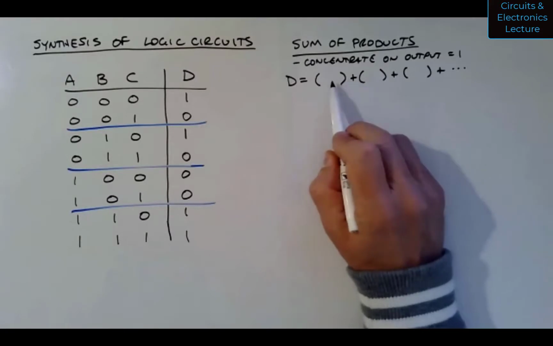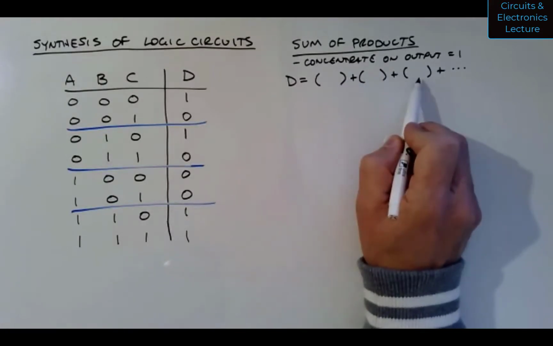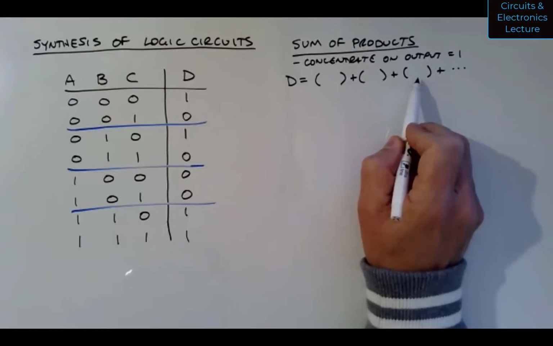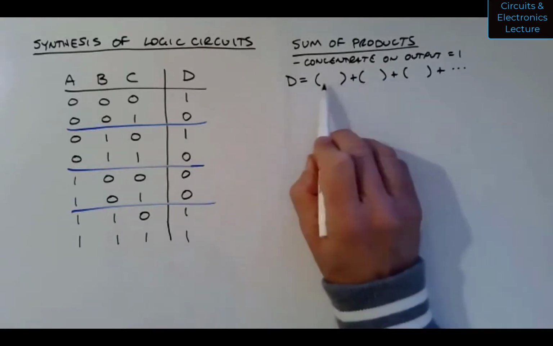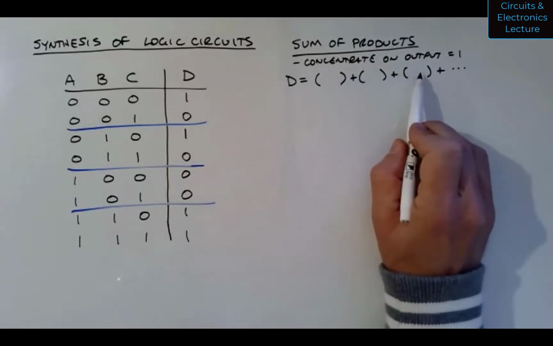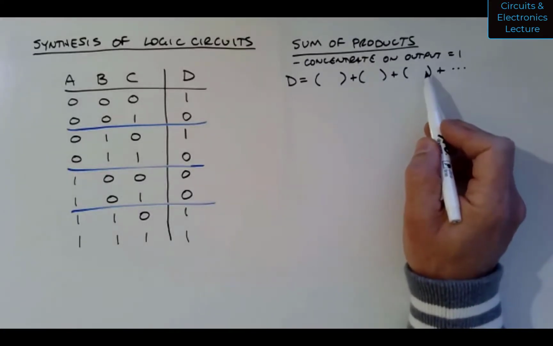Okay. The key here is that if any one of these terms in parentheses becomes a logical 1, that forces D to be a 1, right? If these are inputs to a multi-input OR gate, the OR gate answers the question, are any of my inputs true?